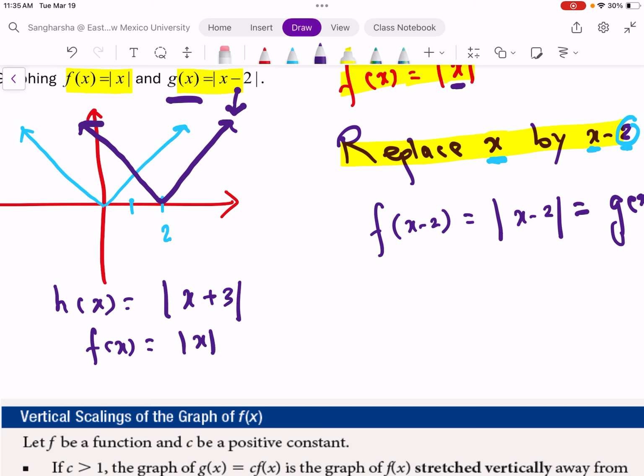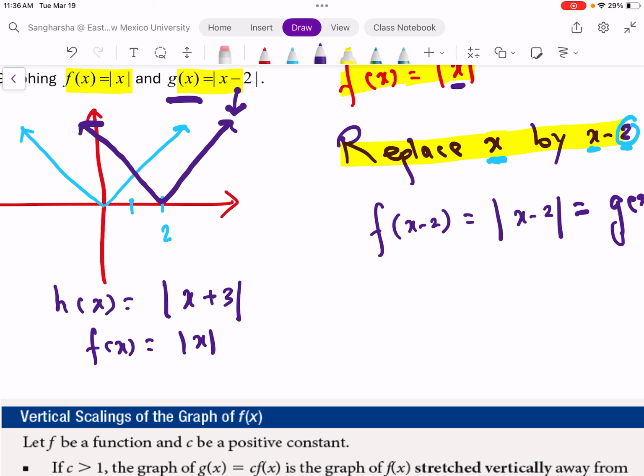Now, how can we get h of x from our basic function? What do we have to do? Do we have to add a number? Do we have to subtract a number? Or do we have to make a replacement here? We make a replacement. So we replace x of this basic function by x plus 3.